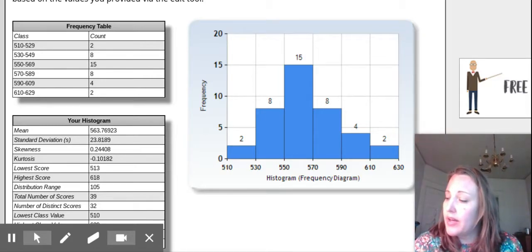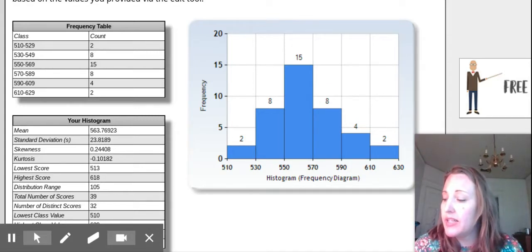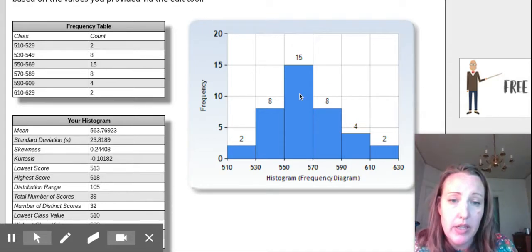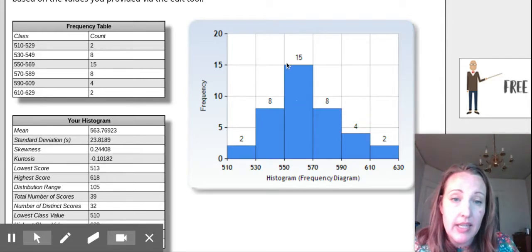Number 2 says, how would the histogram change if you added head circumferences of 551? That would be in this interval. And 569, that would also be in this interval. So what would happen is this interval would go up by 2, to 15, so about right here.